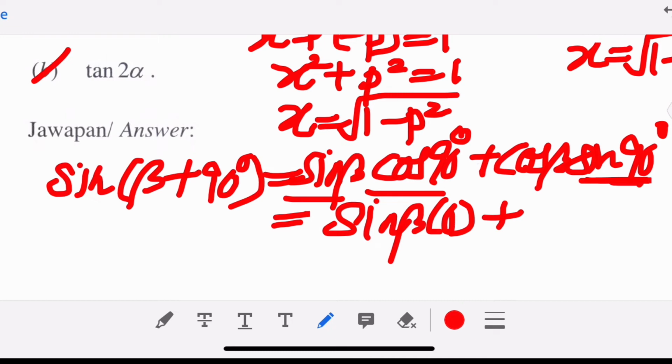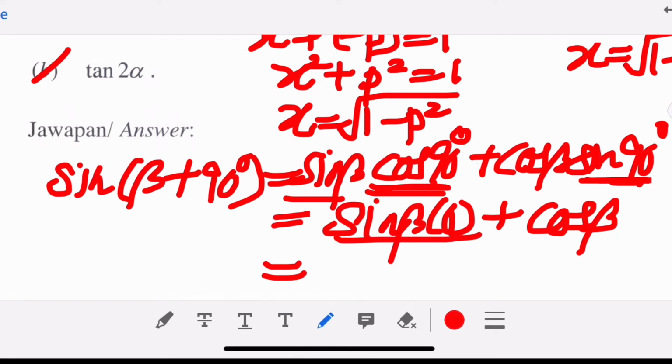The value sine 90 is 1, here is cos beta, and cos 90 is 0. So the answer is cos beta.